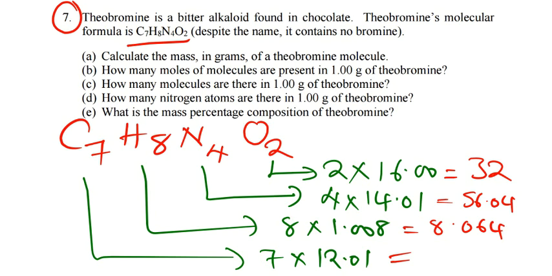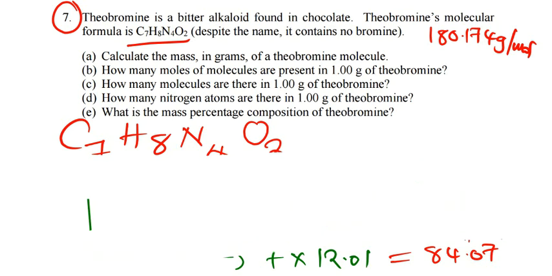That is now giving us 84.07. If you sum them up, 32 plus 56.04 plus 8.064 plus 84.07, getting 180.174 grams per mole. So that's our relative formula mass, or relative molecular mass.